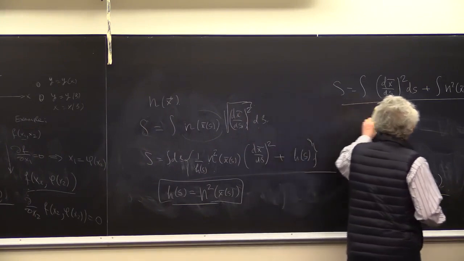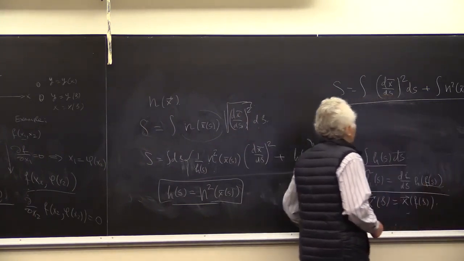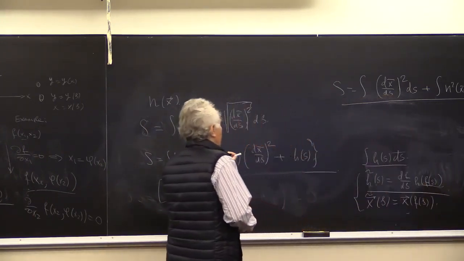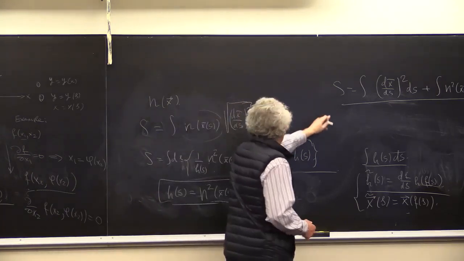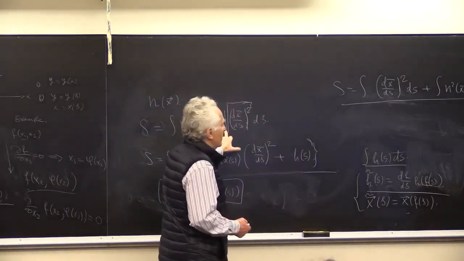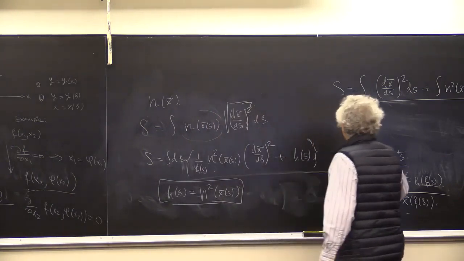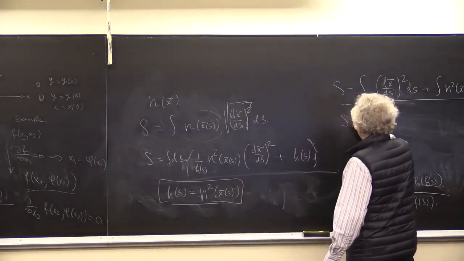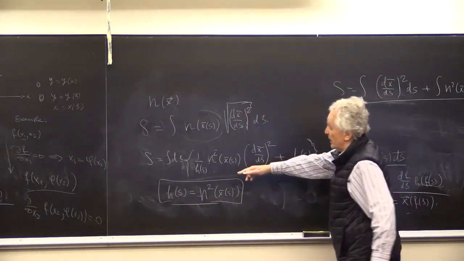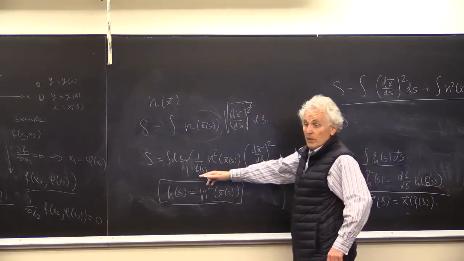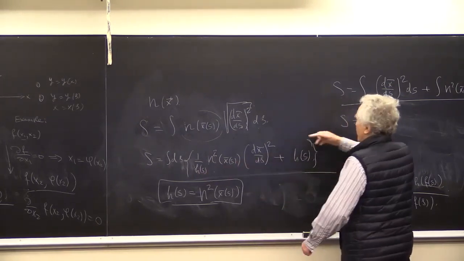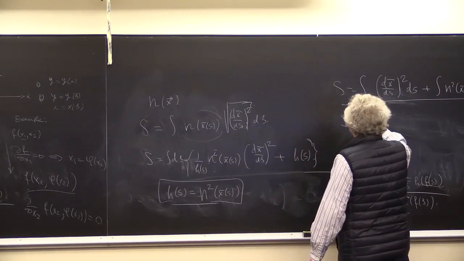And you see, it's a very strange and interesting statement that in one gauge you get this action, and without gauge fixing, you get this action. Now we can also get the third action by choosing a natural gauge, which is sometimes used, where h of s is equal to a constant.